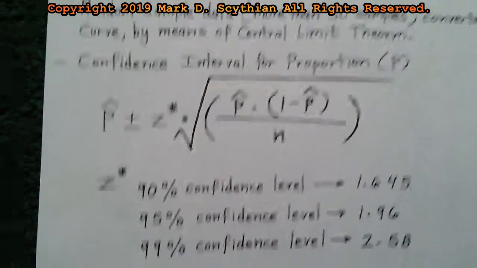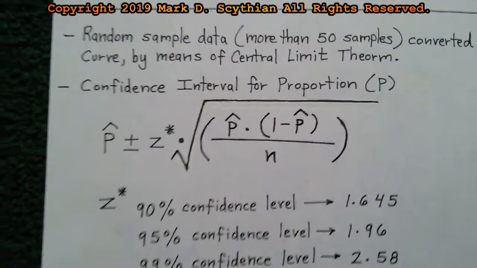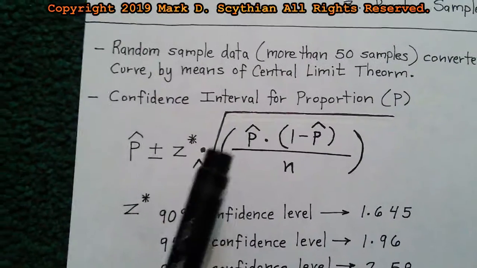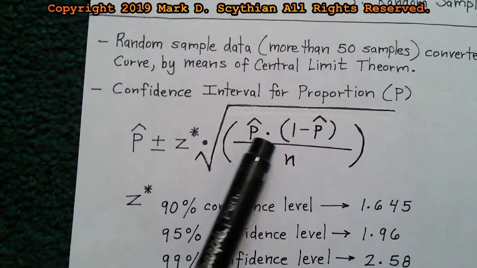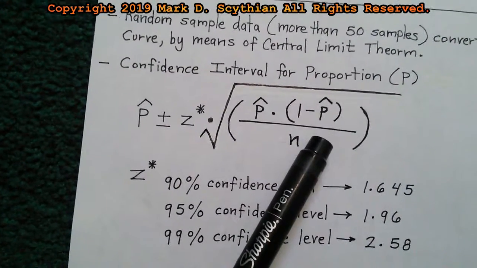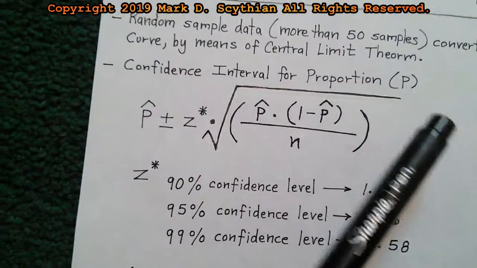This is p hat plus or minus the z-score times the square root of the standard error, which is the probability for success times the probability for failure, divided by the number of samples. Then you take the square root of this whole quantity.